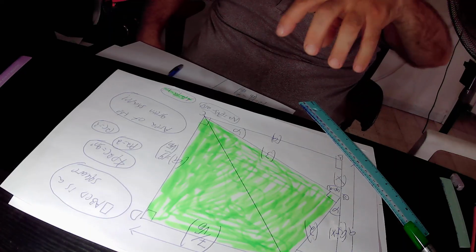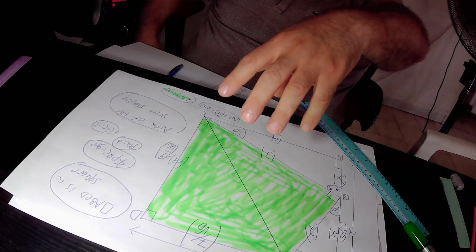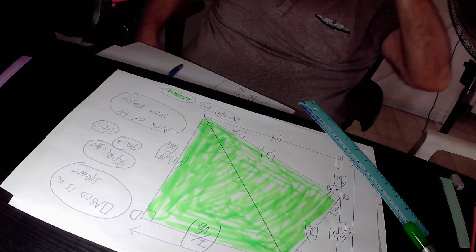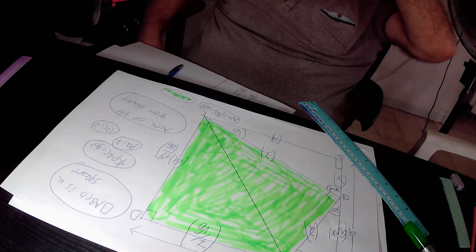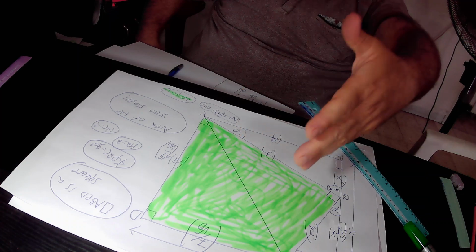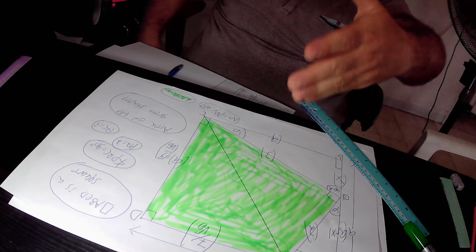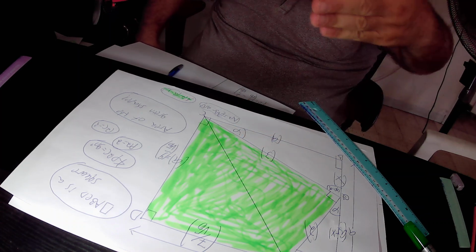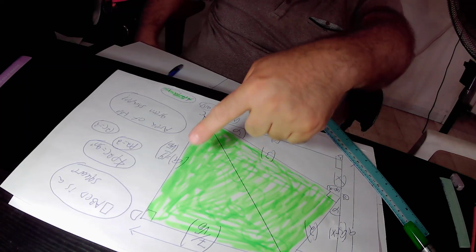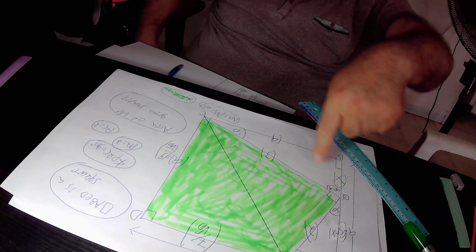Because the green shape consists of two right triangles, the area of the green shape must be equal to the sum of the areas of the two right triangles that it consists of. That is to say, the area of the green shape must be equal to the area of the green right triangle PDC plus the area of the green right triangle PQC.